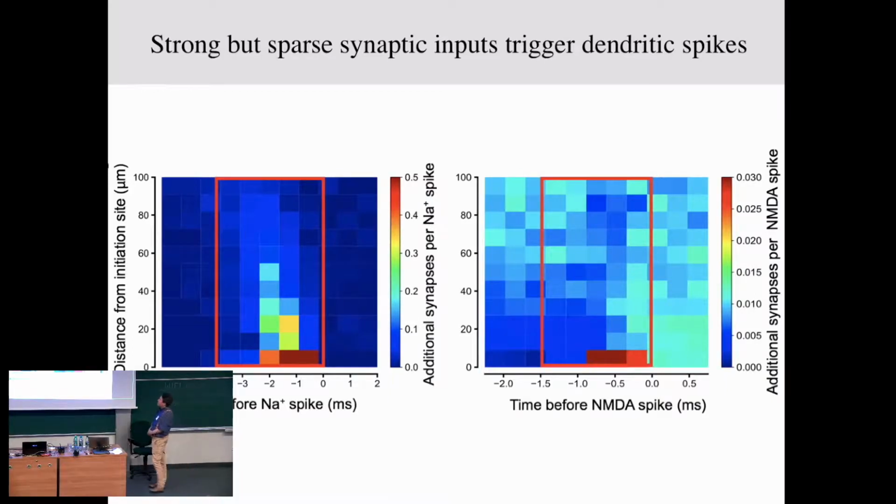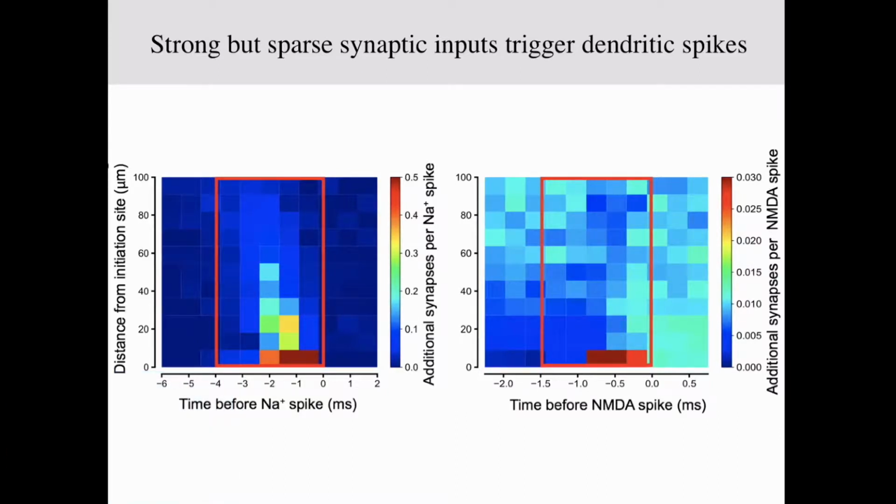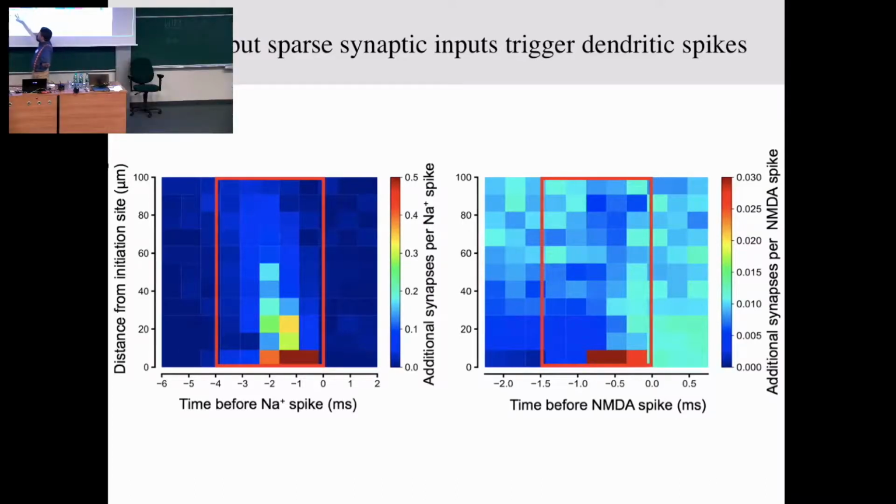So for example, we can use our detectors for sodium spikes, the little red triangles, and we can now look back in time and in space. So at time 0 and at distance 0, there was a red triangle. There was a local sodium spike being initiated. And now we have, of course, our history of synapses that were active, and we can see where and when synapses were active that led to the sodium spike.